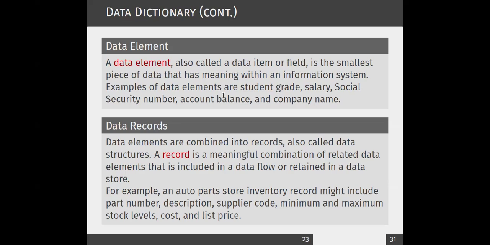And a data record, on the other hand, is the rows. Simply you can say it's the related data elements, right? So when you take a particular record, for example, in this example, it says parts. You can have things like part number, description, supply code, maximum stock levels, and so on. So that will be one row of a table.